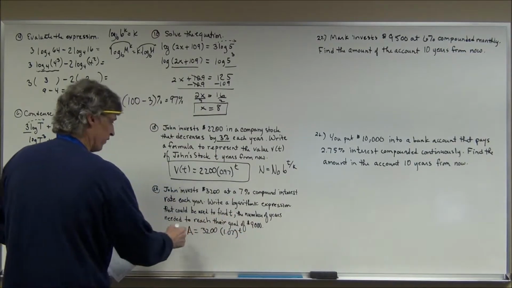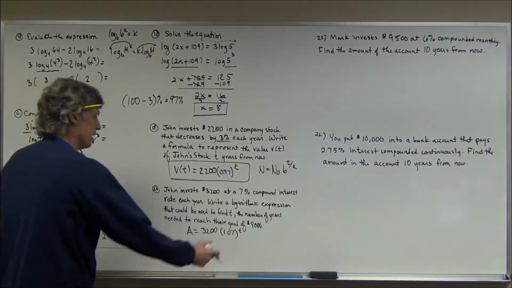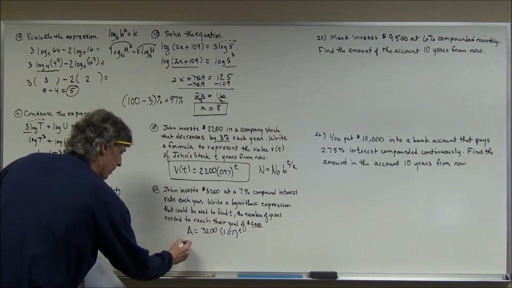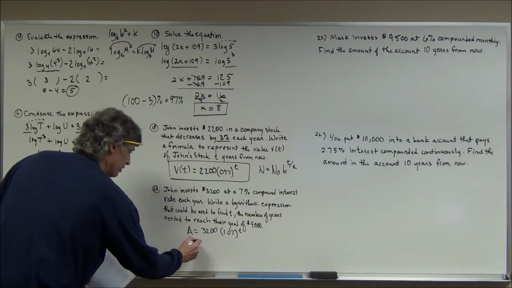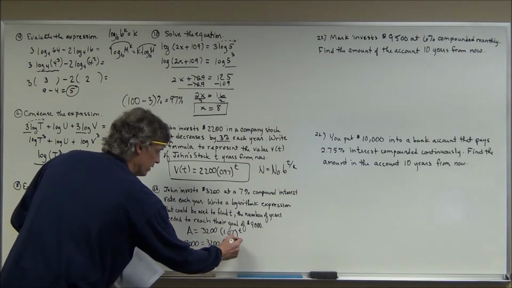I'm going to plug $9,000 in for the amount. 9,000 equals 3,200 times 1.07 to the t.